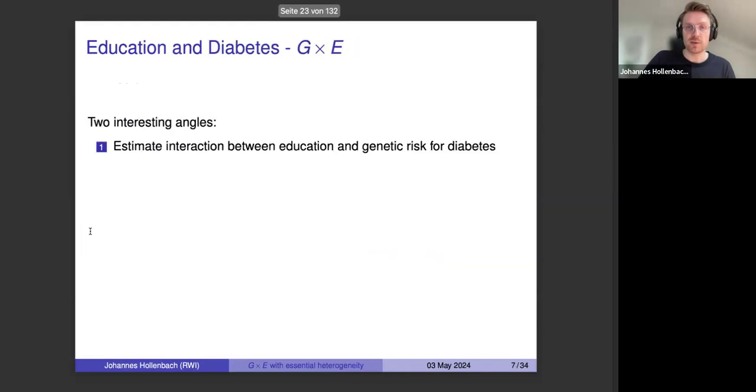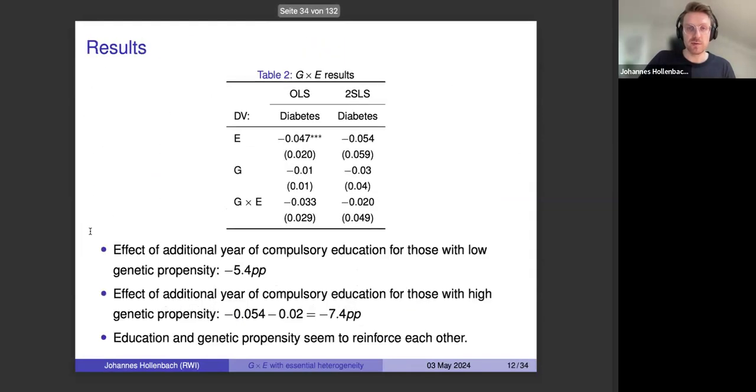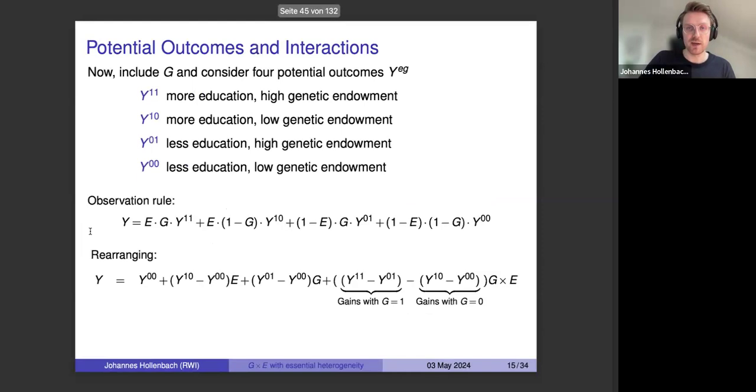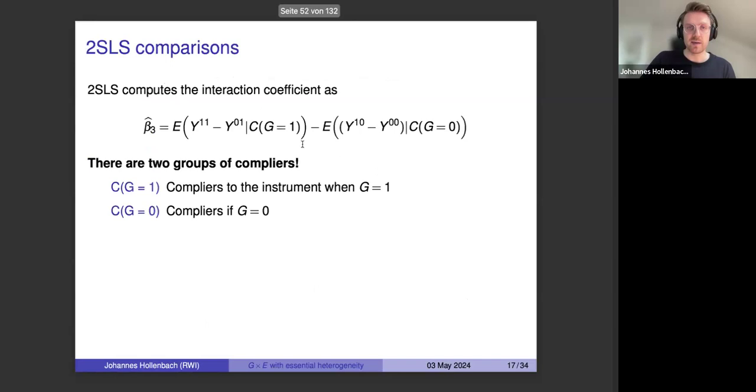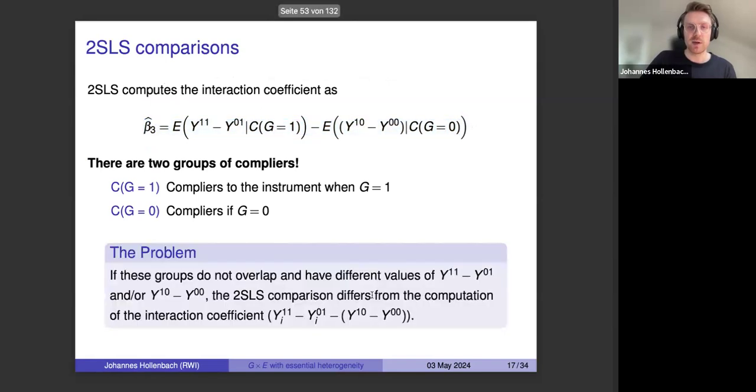Because what you want to calculate when you are estimating two-stage least squares is actually this difference here, that allows you to make these interpretations. But if two-stage least squares, which is estimating this, does not correspond to the equation that you would use to calculate the interaction effect traditionally, these are two different things.